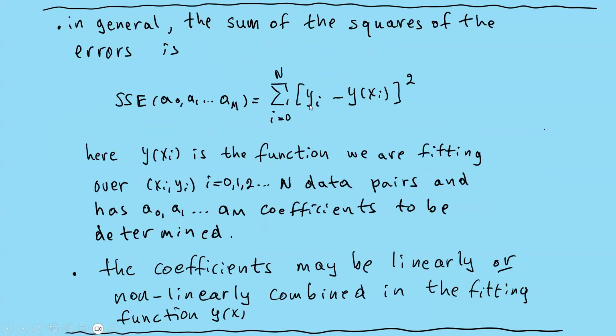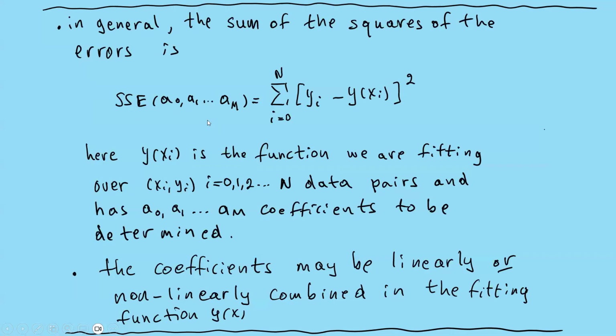Again, yi is the data points, and y(xi) is the function that we are fitting over the data pairs. Based on the order of y(xi), we have different coefficients.